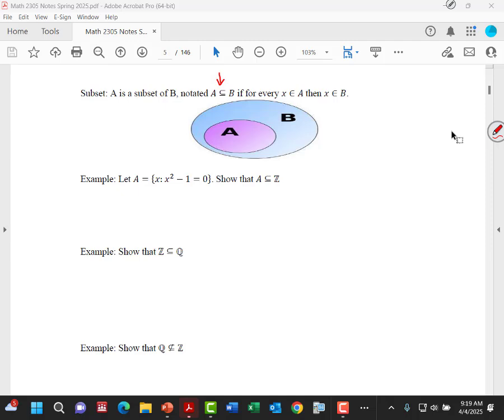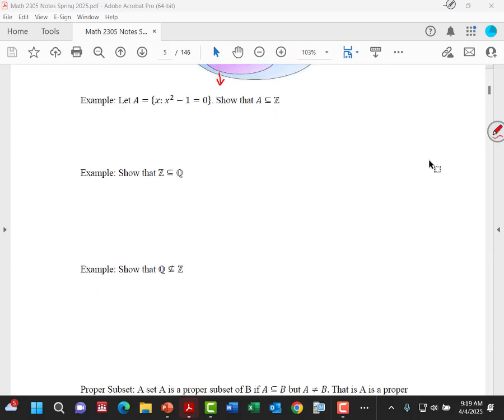So let's take a look at this next example right here. I'm given set A, and I wish to show that A is a subset of the integers. Set A is the set {-1, 1}. Those are the two elements that satisfy the requirements to be in the set. And Z is the set of integers.